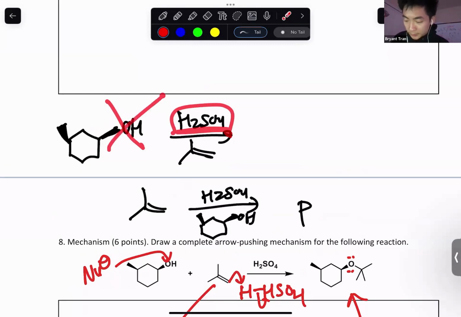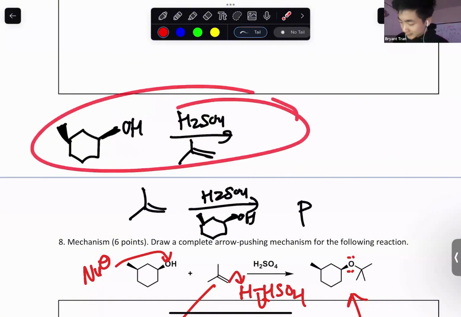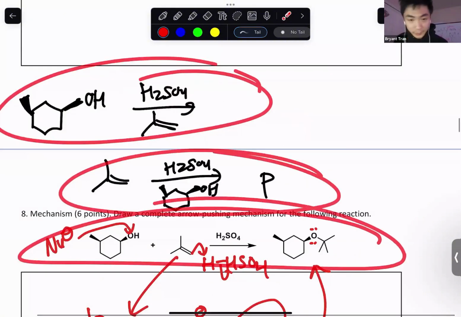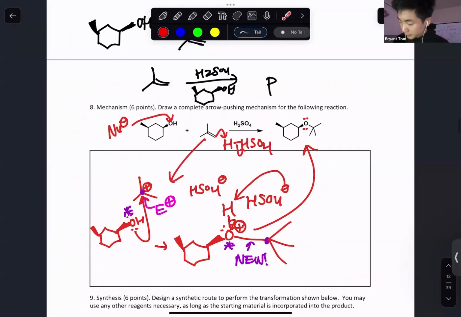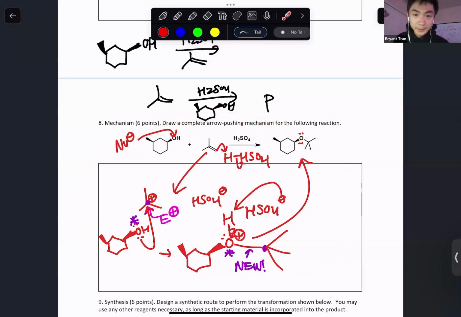Do not protonate the alcohol because that's less basic than this alkene. This alkene here is more basic than the alcohol, so we're going to protonate that alkene with the H2SO4 instead, right? So like this, and this right here, they all mean the same thing. It's just presented differently. Right, they will go through the same mechanism here.